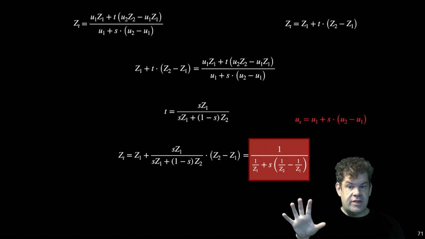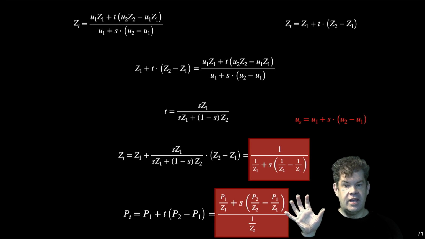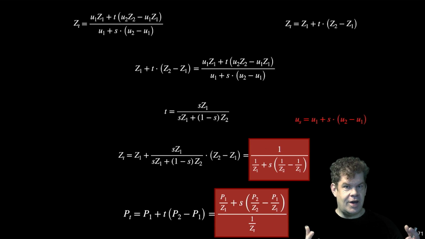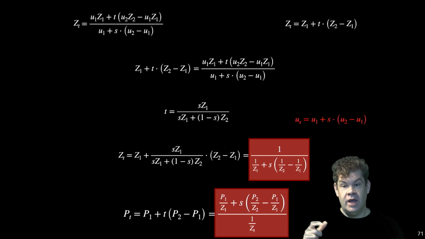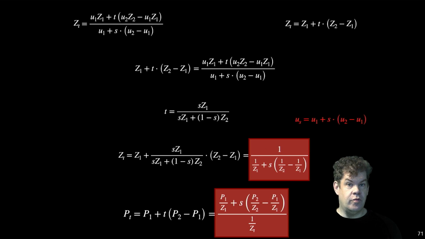If I throw this again into my equation at the top for any other parameter, I will get this equation here. I'm not going to go through that process all over again, but you can easily repeat it for any other parameter other than z: x, y, some other quantity, color, whatever you want, and you would get the following result. So what do you have to do when you interpolate anything other than z?